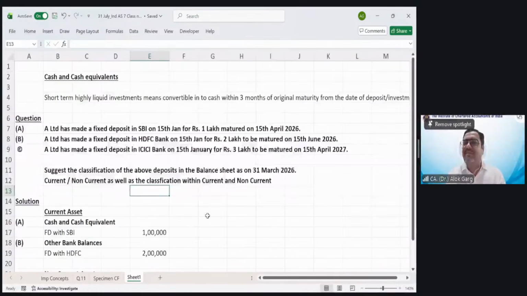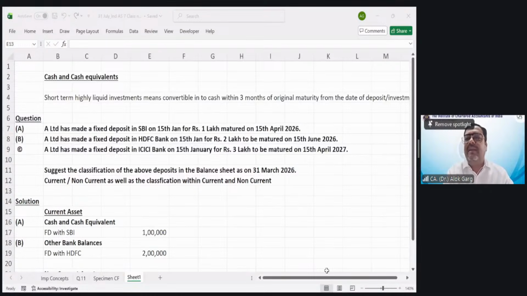But, sir, what if management wants to prematurely redeem it within 12 months? In that case, Rohan, let's say the original maturity date is 15th April 27, but management wants to redeem it prematurely in December 2026, and management is very clear.